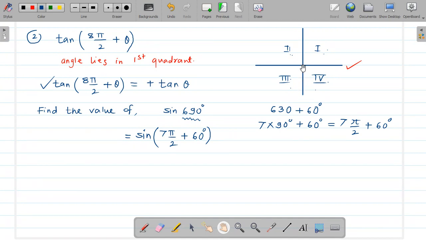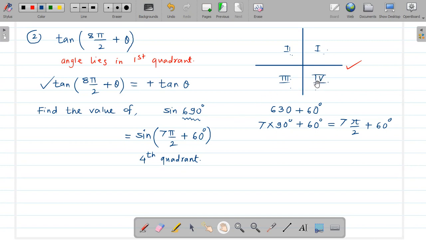See here the boundary, 7 times pi by 2 plus 60. Plus 60 means which quadrant? Fourth quadrant. So the angle lies in the fourth quadrant. 7 is completed here, plus theta. Here theta means 60 degree.